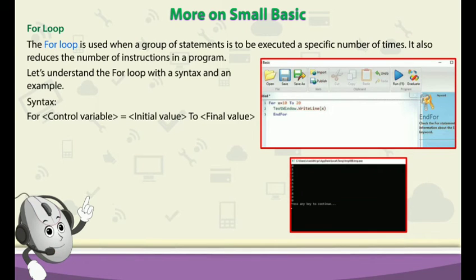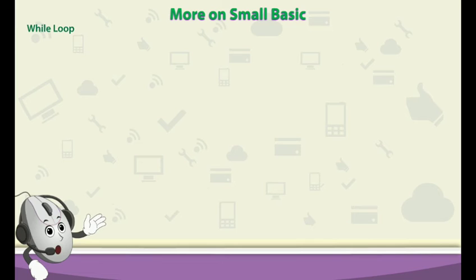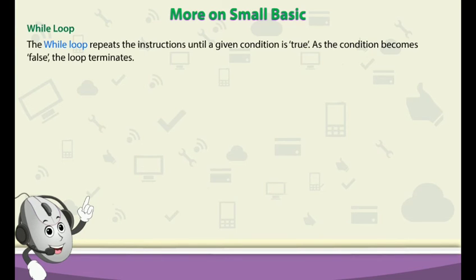So here: for x equal to 10 to 20, and in the next line we print x, our variable, and then end for. So our program will print the numbers 10 to 20. The loop will start with an initial value and execute the statements within the for loop. The statements will be executed until we reach the final value.